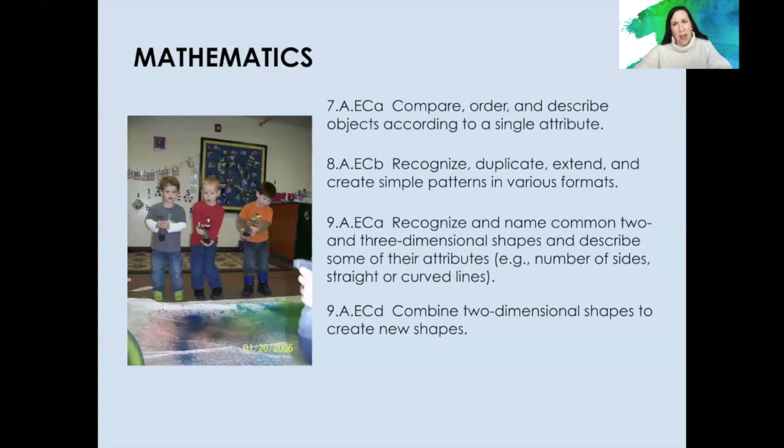Mathematics, you think, okay, art and math don't really go together, but yes, they do. So we might be talking about the color red, right? And we are sorting and comparing and ordering things based on the color red, right? So we're using arts to do math. Recognizing, duplicating, extending, and creating simple patterns in various formats.